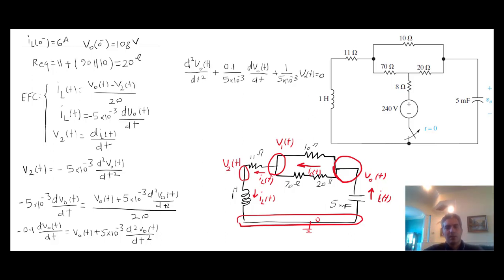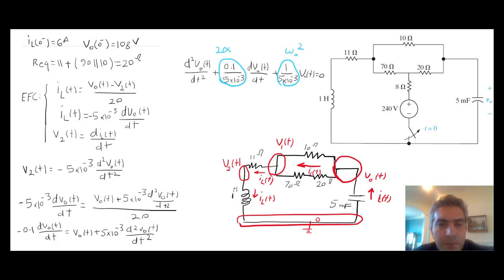And that is the differential equation that we have to now solve. Let's quickly remember that we had this in our general form differential equation. This was our 2 alpha, and this was our omega 0 to the power of 2.